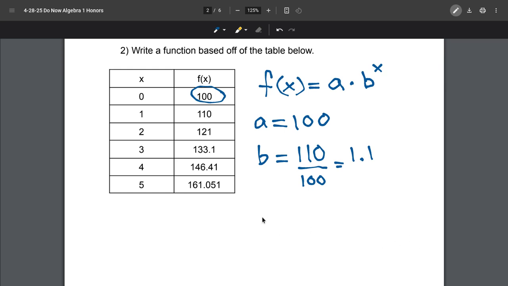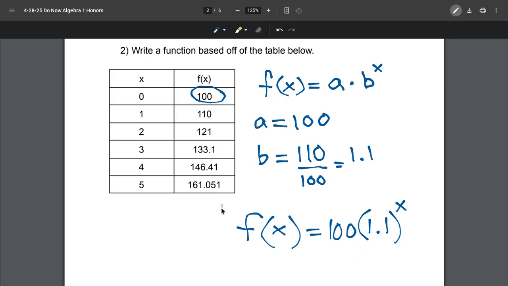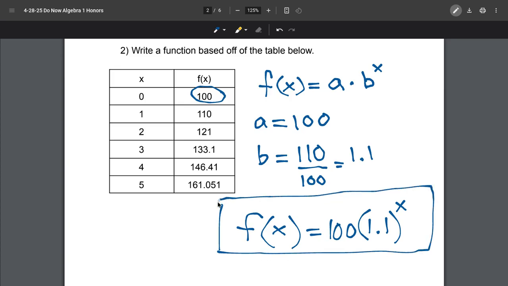Okay, so our function here is going to be f of x equals 100 times 1.1 to the x power. Now you could also use the dot here. I like the parentheses to indicate the multiplication, but to each their own. And that's our function there.